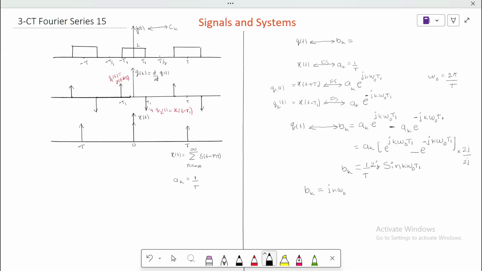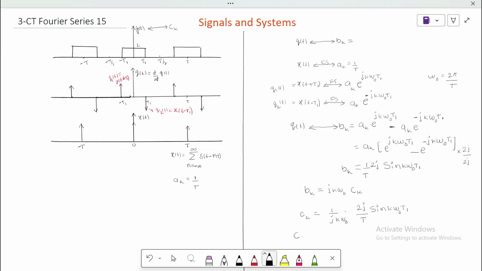Now we have to find ck. So ck equals 1 by jk omega naught into bk. Here bk equals 2j by T sine of k omega naught t1, so this j gets cancelled.